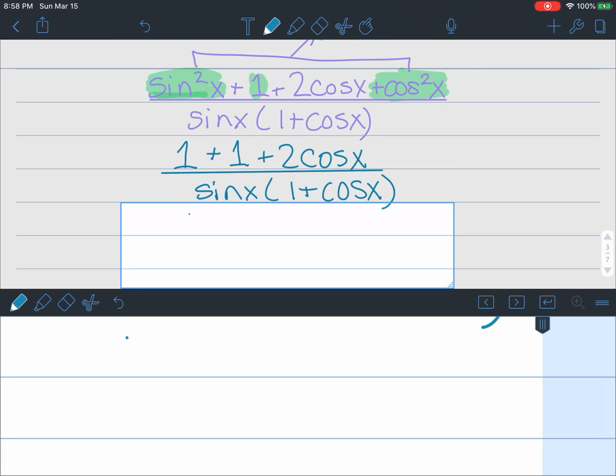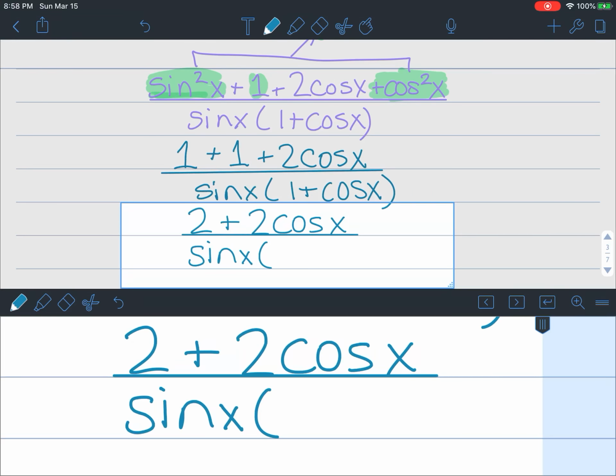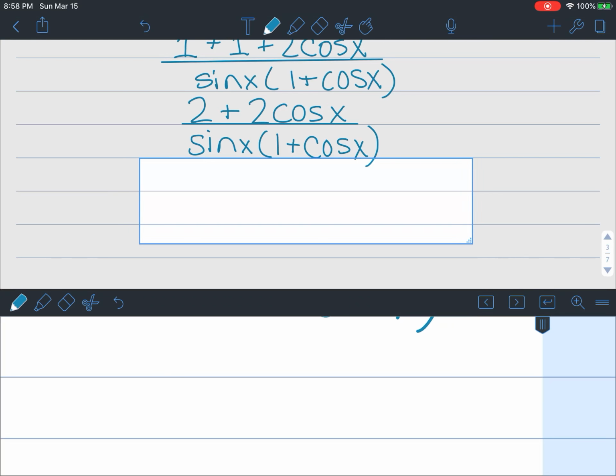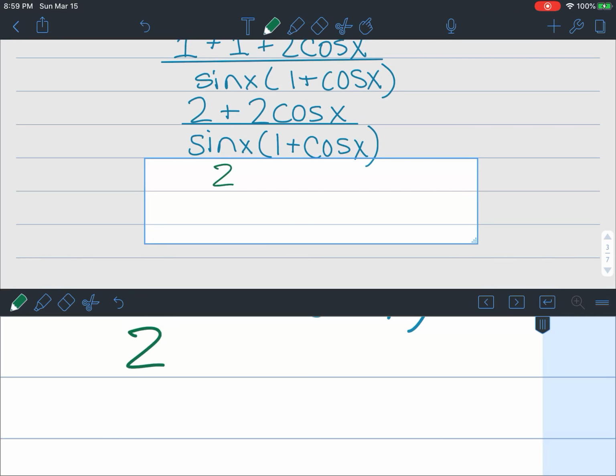I think I was trying to do too much at once. The 1s can be combined into 2, so 2 plus 2 cosine x over sine x times 1 plus cosine x. And now we're at that same step from the last problem. We can factor a 2 out of the top.